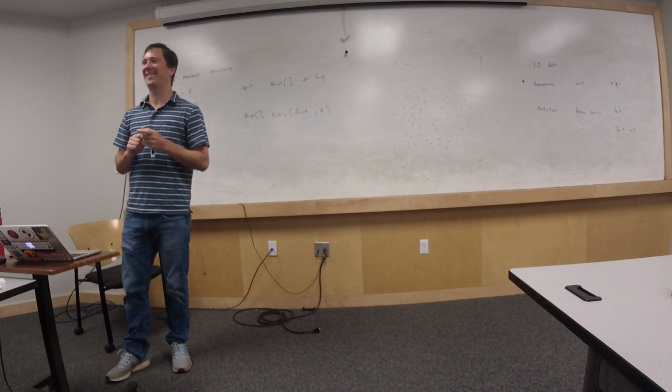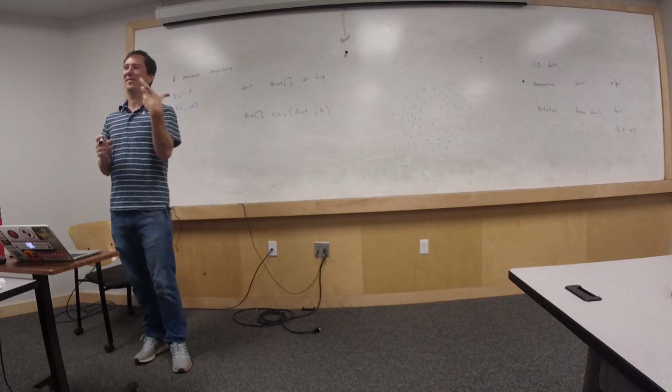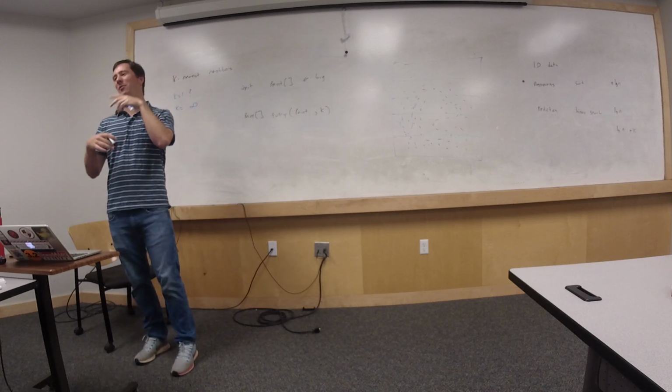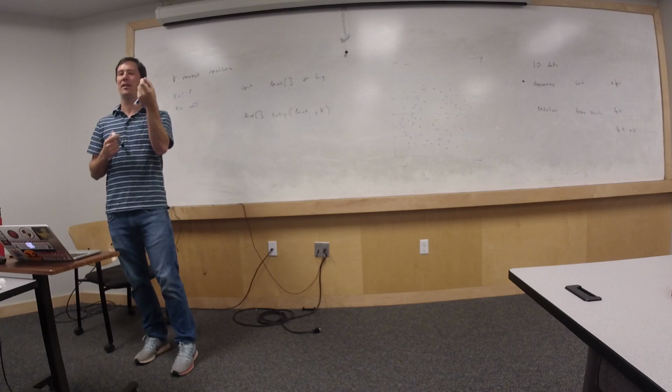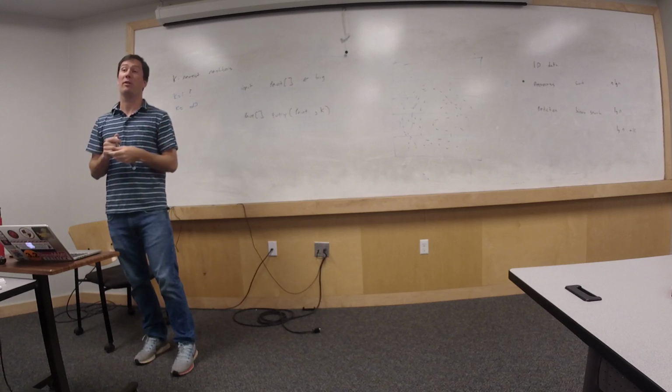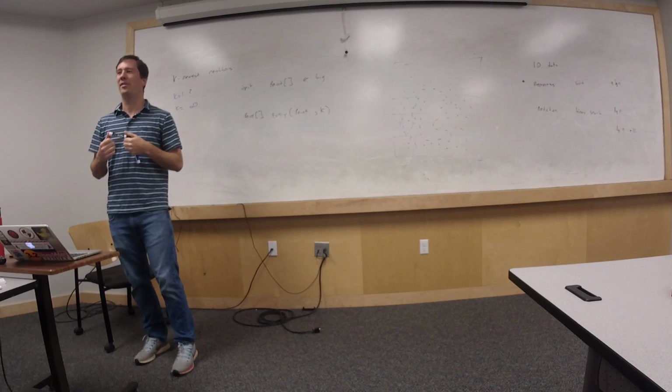Not that many. So for each point, we'll do the simplified version: how many edges would come out of it? N, right? So we have n points, so there's n squared edges. If I have 1 million nodes in my graph, then that's 1 trillion edges. That's a lot to store.